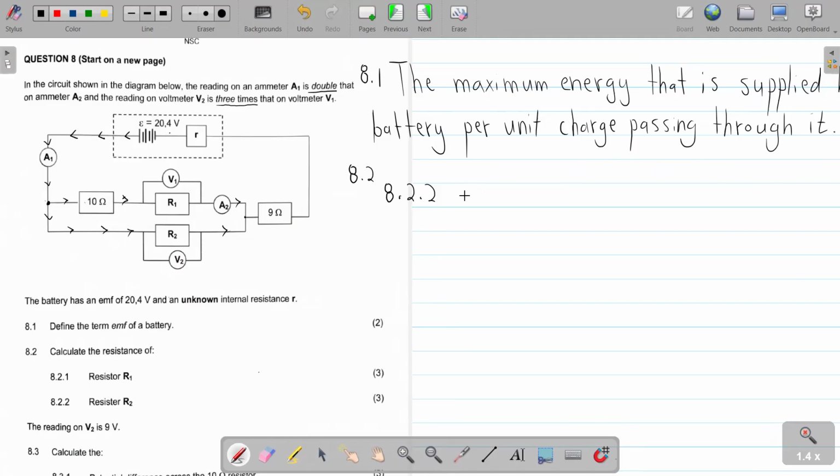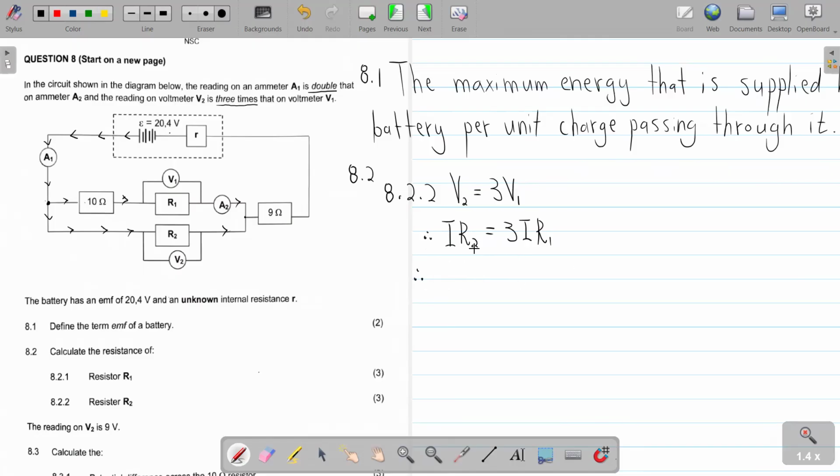What do we know? We know that V2 is equal to 3V1. So that means that what? I R2 equals 3 I R1. So that means therefore we can cancel the current, isn't it?